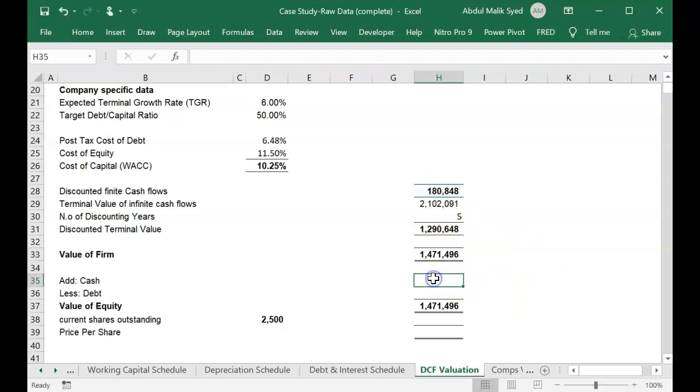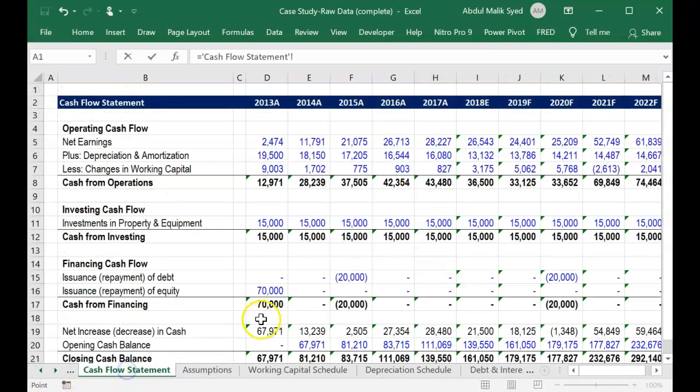Then I need to deduct the debt and add the cash. So let's do it from the closing balance. The closing balance of 2018, because we are talking about 2018 at the beginning. So let's see how much is my cash. I can get this from my cash flow statement.